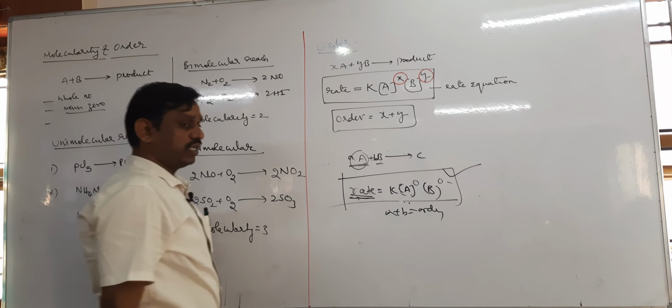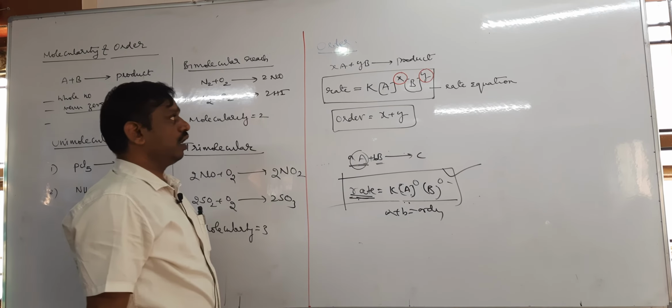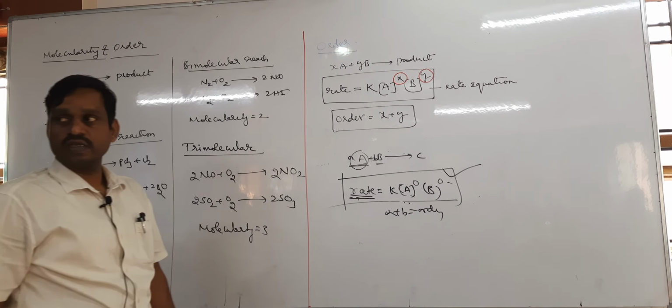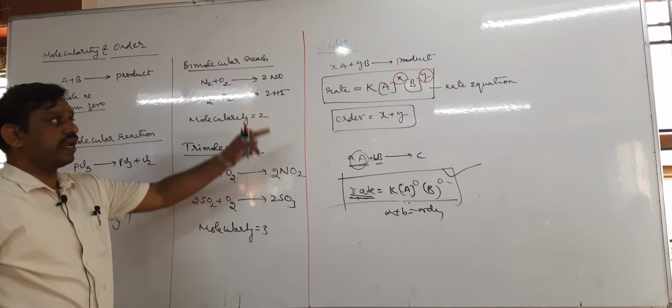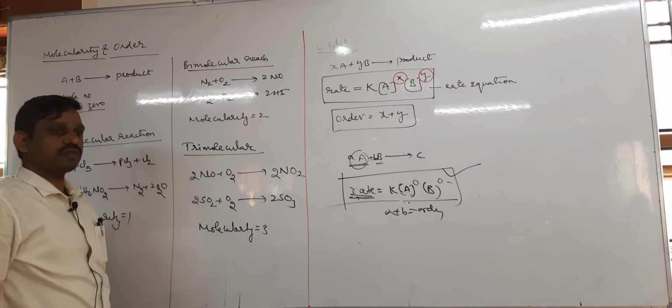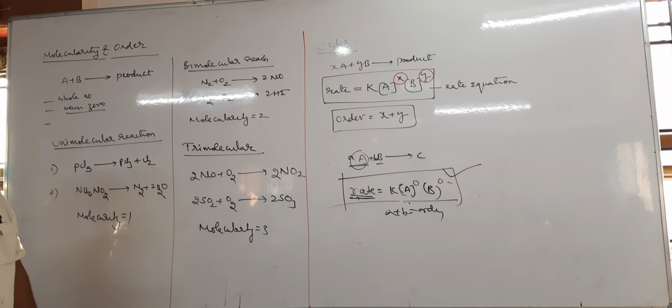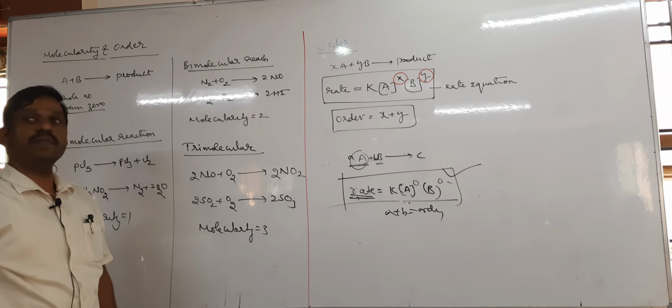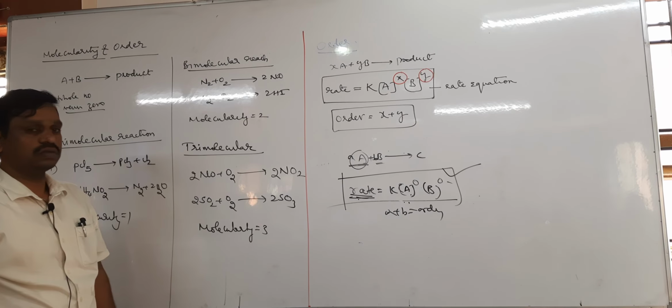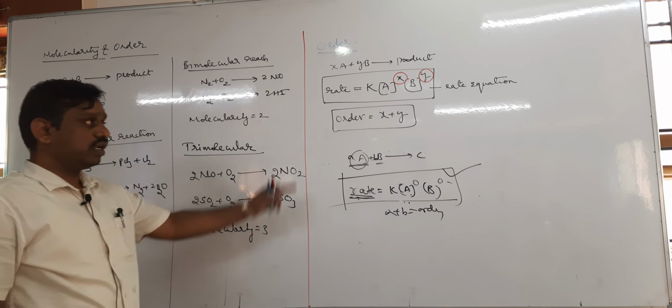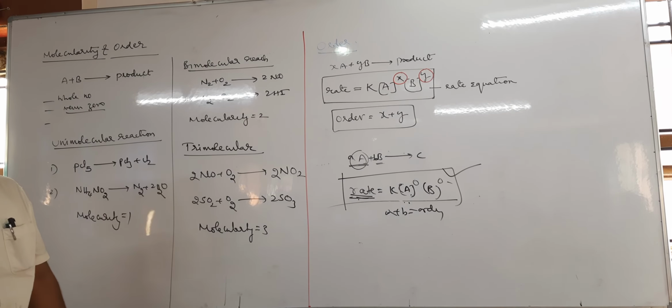Consider a reaction xA plus yB gives rise to product. Then write rate equals k into [A] power x [B] power y. That is the rate equation. Then order equals x plus y.